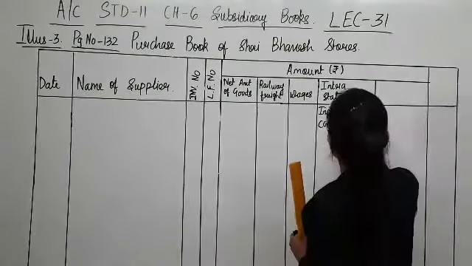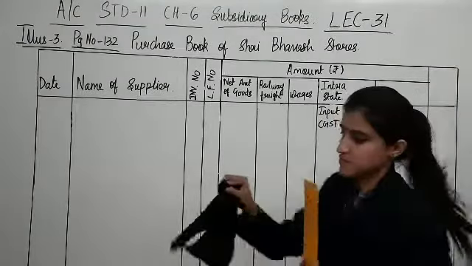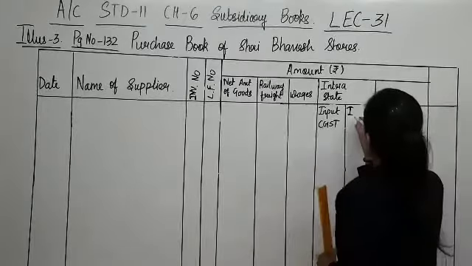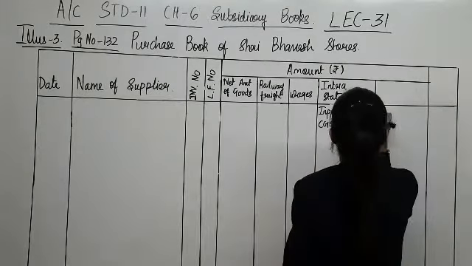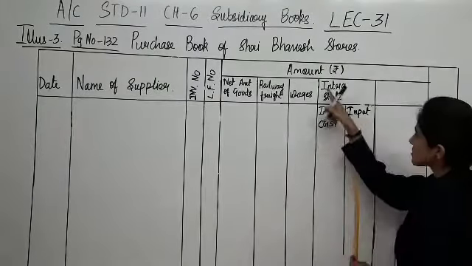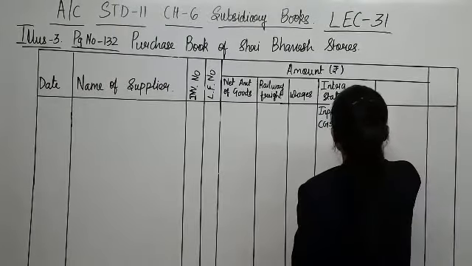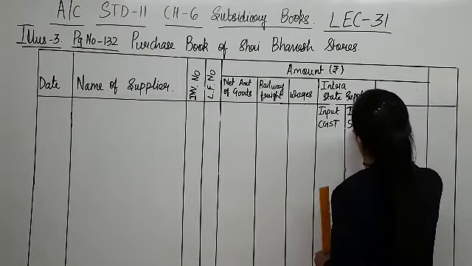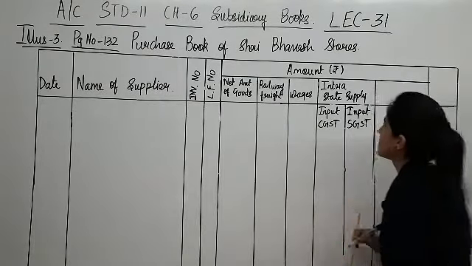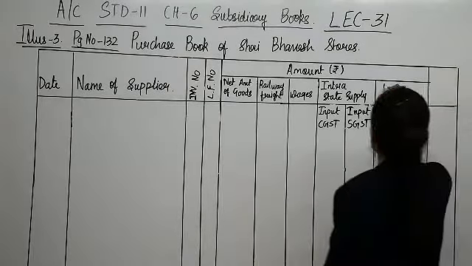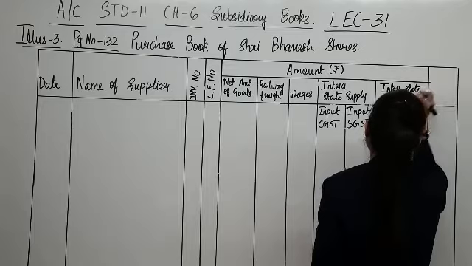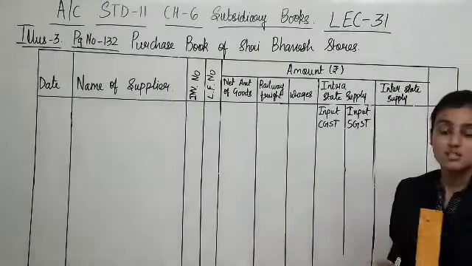My mistake. On purchase it is input GST. So input CGST in case of intrastate supply and SGST. Now talking about interstate, it is IGST.